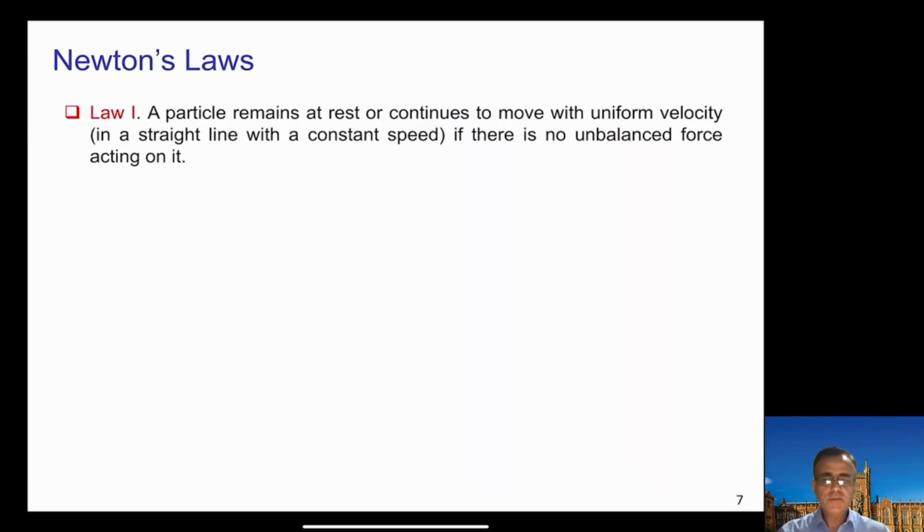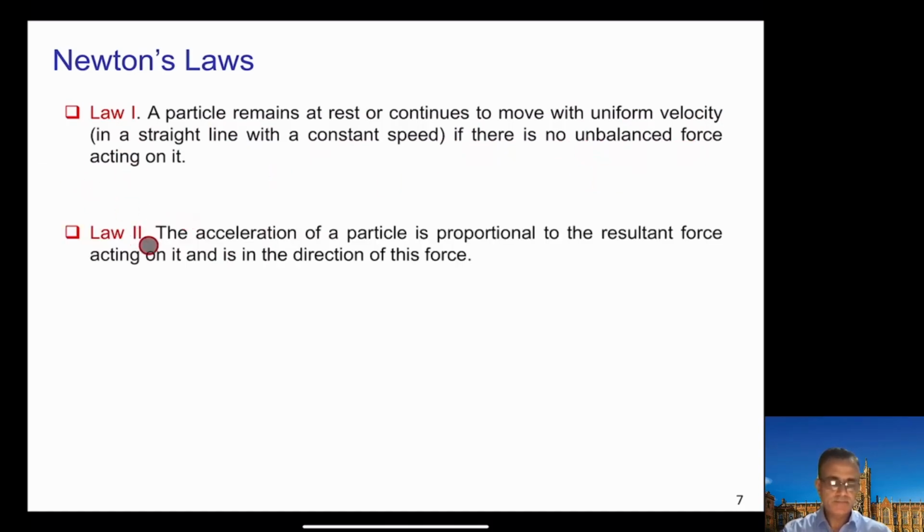So just to give you an idea of Newton's laws, I'm sure most of you will already be familiar with these laws. The first law is that a particle remains at rest or continues to move with uniform velocity in a straight line with a constant speed if there is no unbalanced force acting on it. The second law is that the acceleration of a particle is proportional to the resultant force acting on it and is in the direction of the force.